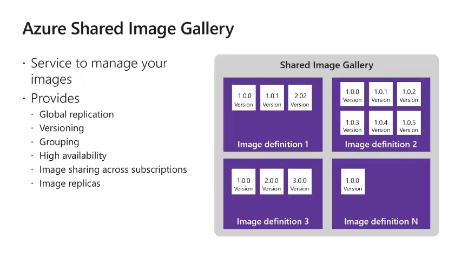You can create an image out of it and create a shared image which everyone can use. This is really useful for big organizations where multiple groups need the same basic virtual machine, and then they can carry forward from there.